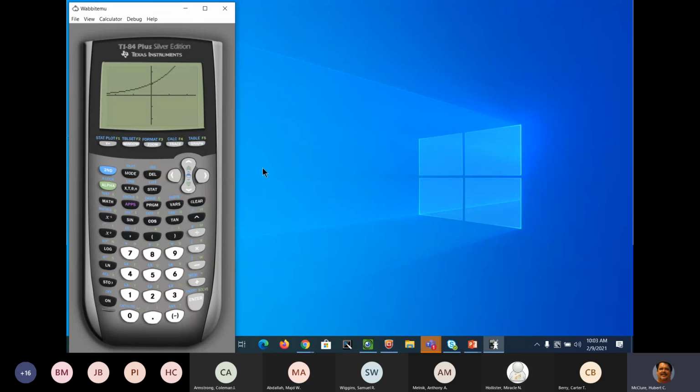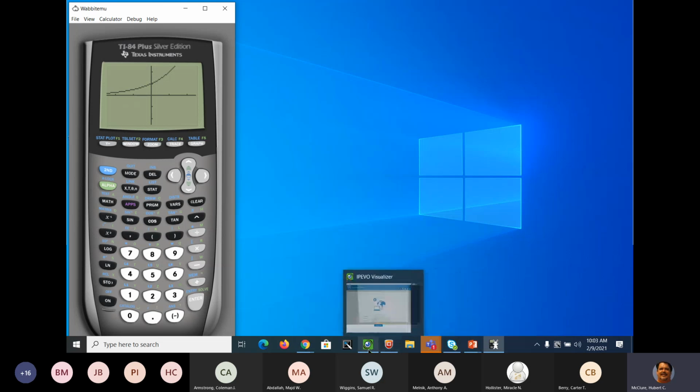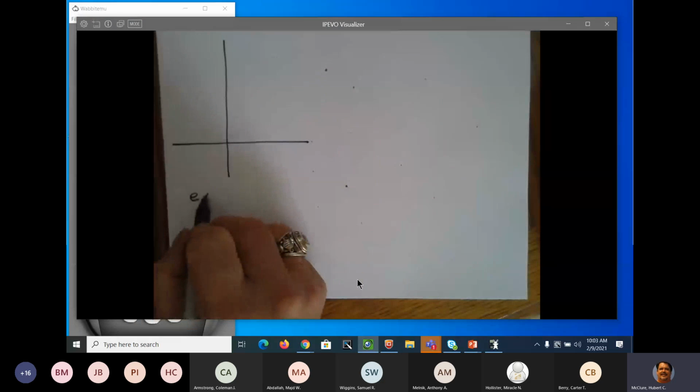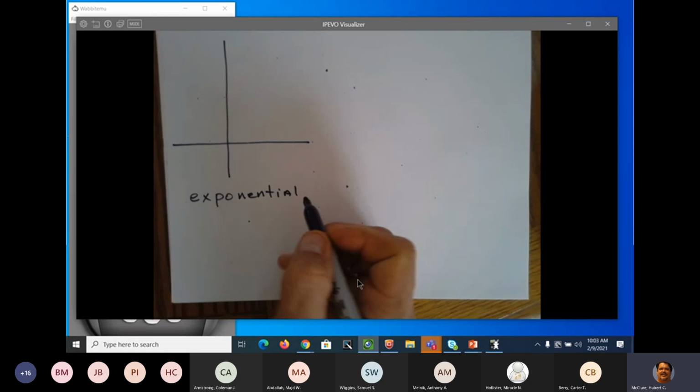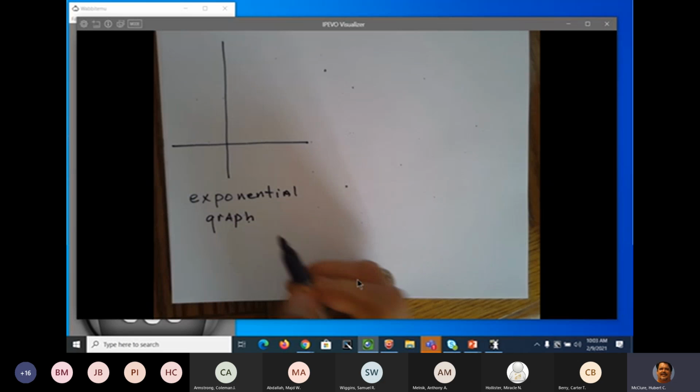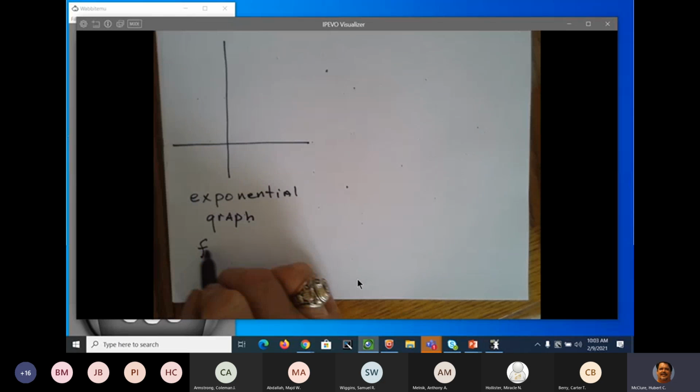And the good thing about the exponentials is, and you can call this exponential graph, this is when the variable is in the exponent.